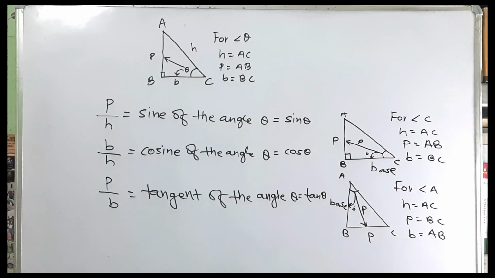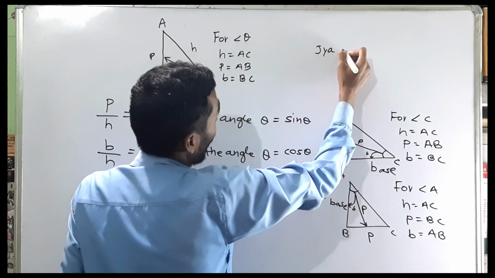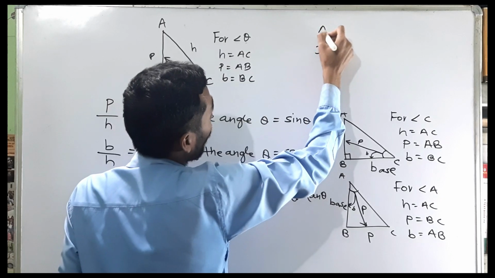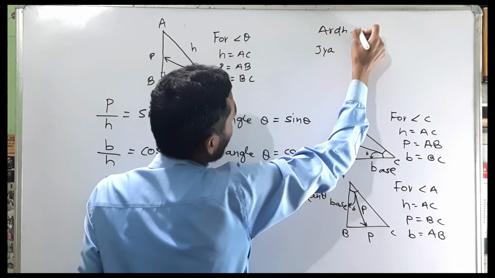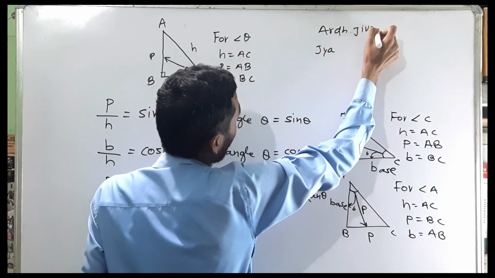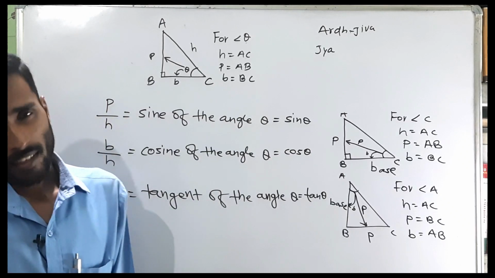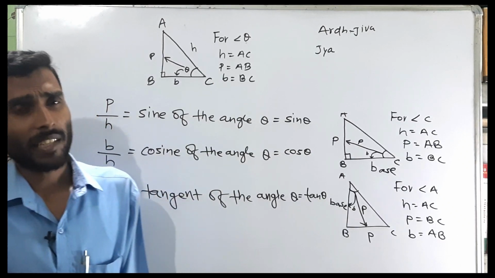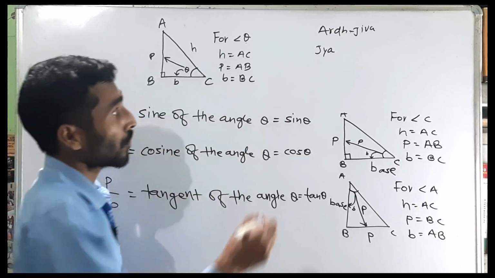Basically it is called Jya, or ardhajiva, and in short, ja. After translating into Arabic it stayed the same, but after translating from Arabic to Latin, it changed into sinus.